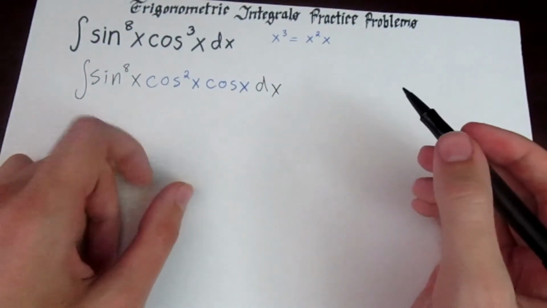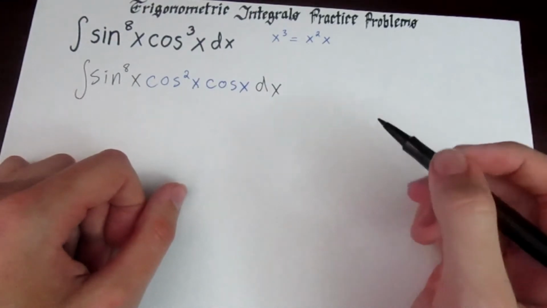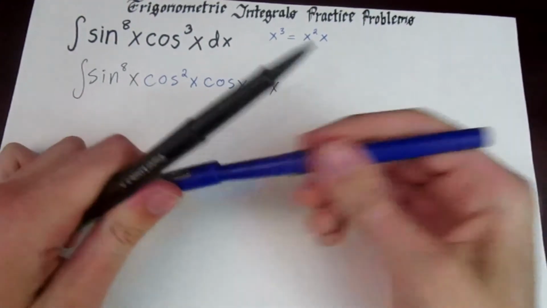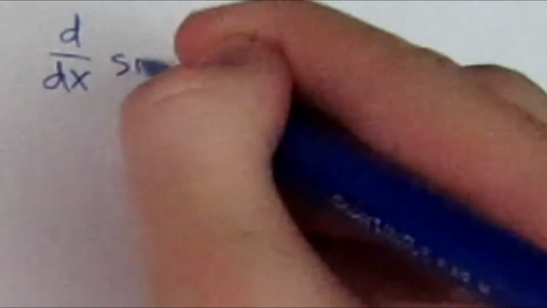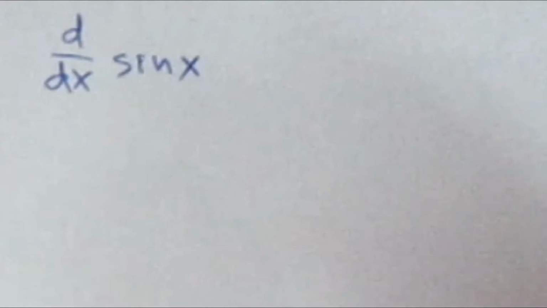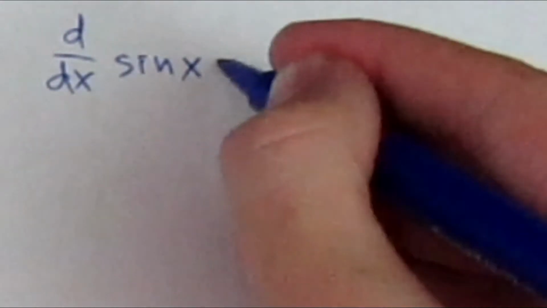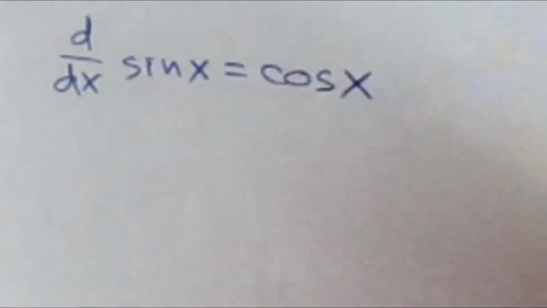Now, let's see if we could do a u substitution. Well, recall that the derivative of sine of x equals cosine of x.